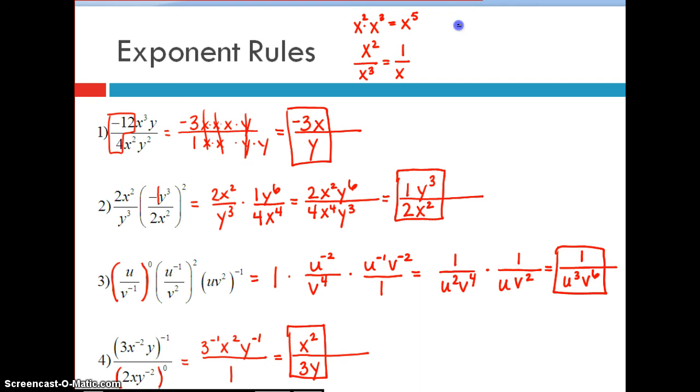We had our power to a power rule, so that would be x squared and then cubed, and that's where you multiply them. We had our 0 exponent rule, and that just means anything to the 0 power is 1. And then we had our negative exponent rule, and we said anything with a negative exponent moves locations. So we had 5 different exponent rules, and that's what you just saw in these examples.